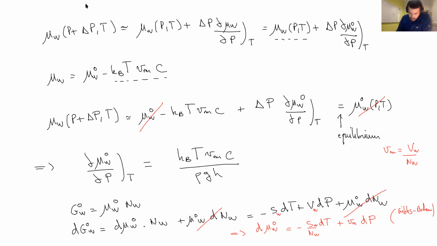So now in my equation above, I know the derivative of mu water pure with respect to the pressure. It's called Vm, this guy. And so I find my relation. If I observe a certain thickness change between the two tubes, I'm able to calculate the concentration of oil droplets, which is an important quantity.